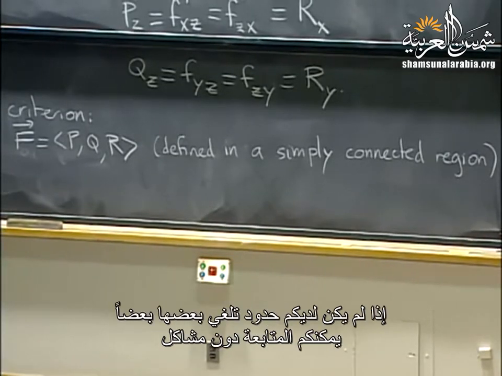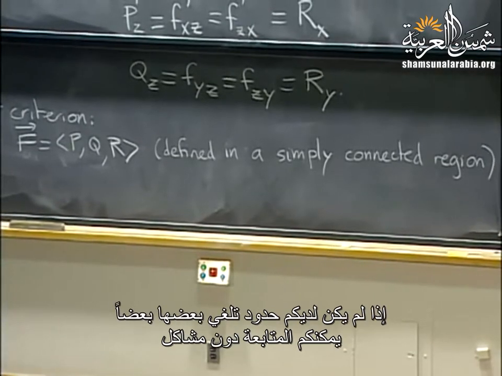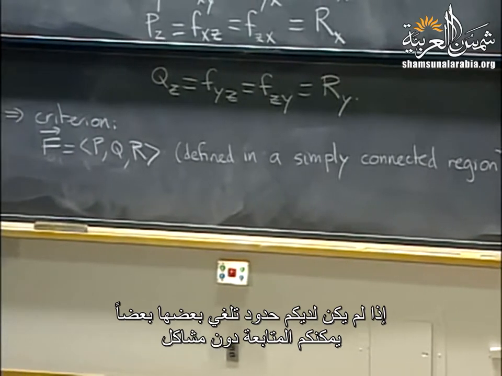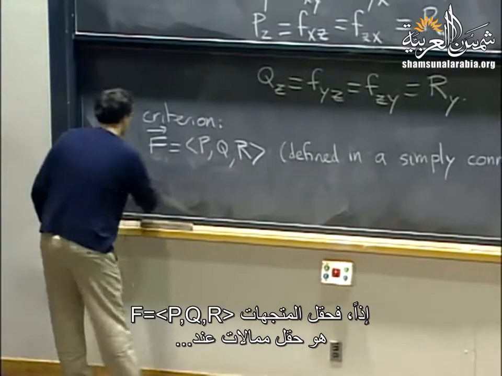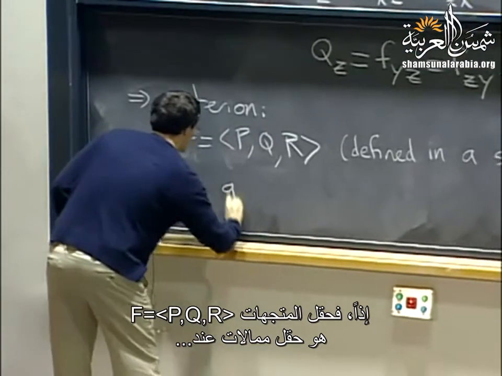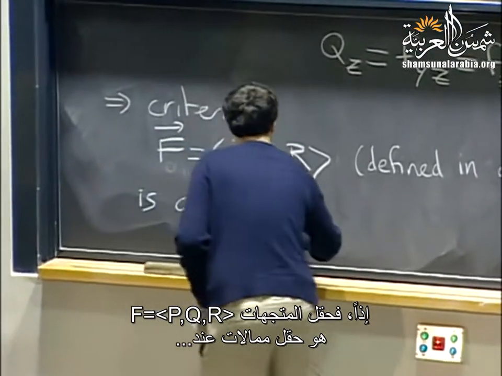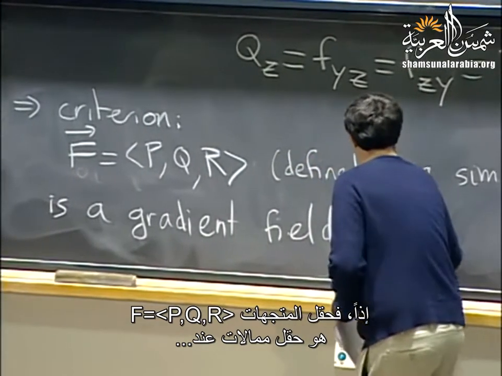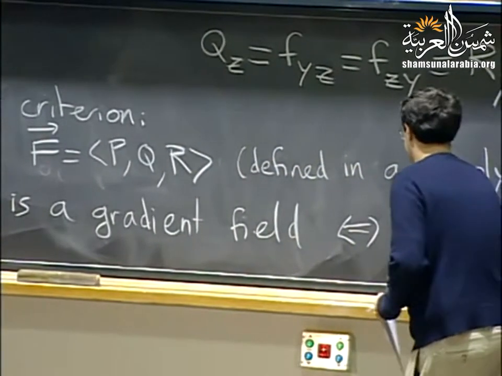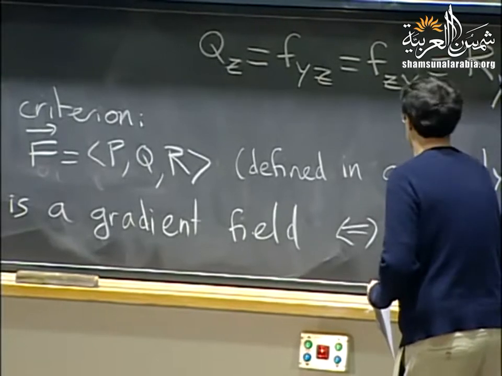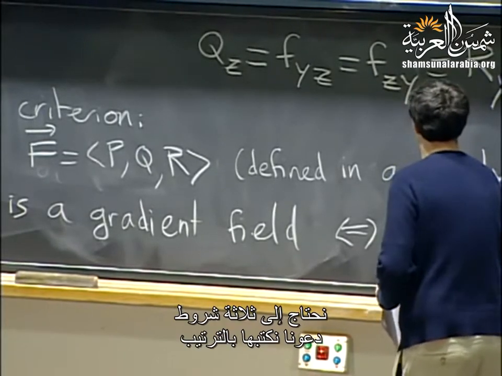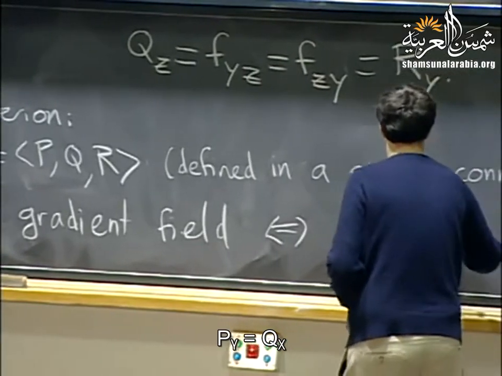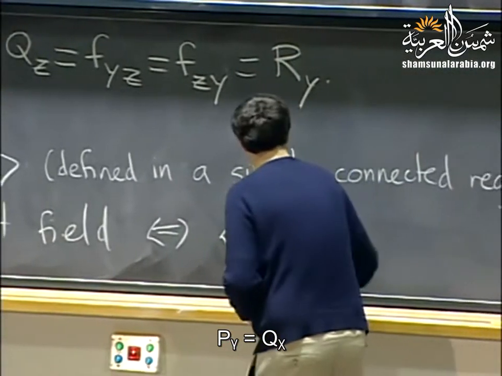If you don't have any evil denominators, then you can just go ahead, there's no problem. It is a gradient field exactly when, so we need three conditions. Let's do it in order: P sub y equals Q sub x.